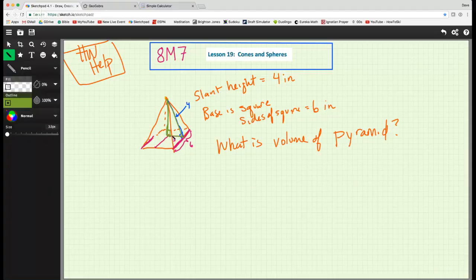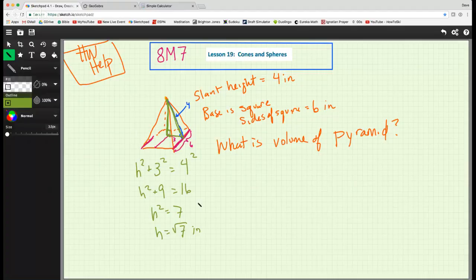So we know that leg, we don't know this leg, which is the height, and we know the hypotenuse, which is our slant height. So we can say our height squared plus 3 squared equals 4 squared. So h squared plus 9 equals 16. So h squared equals 7. So h equals the square root of 7 inches.